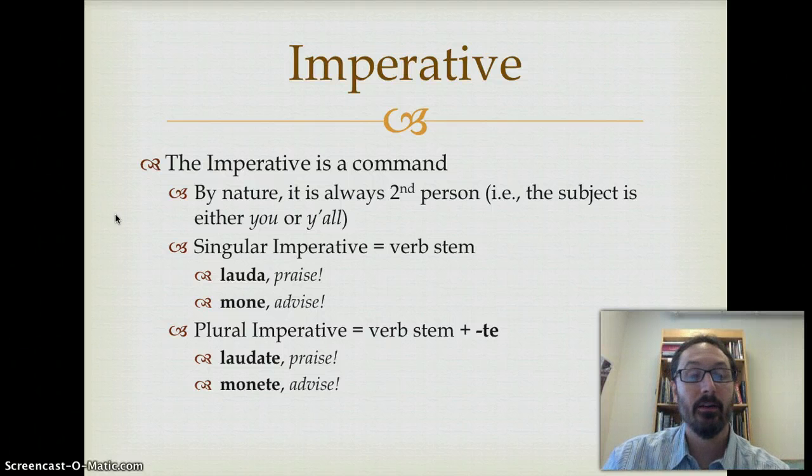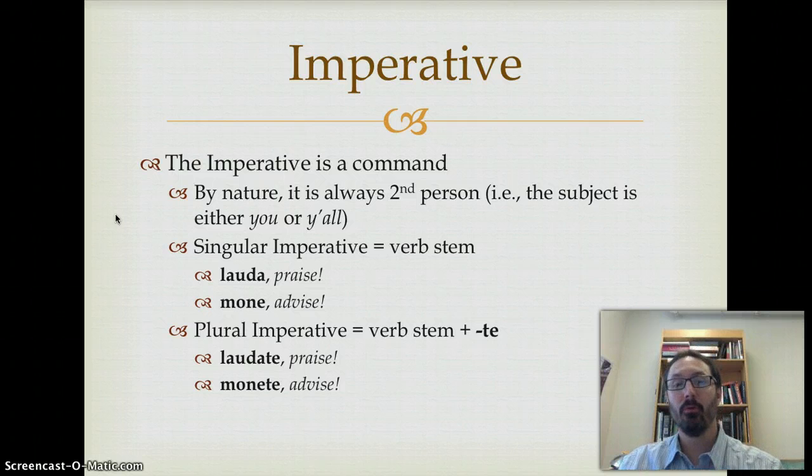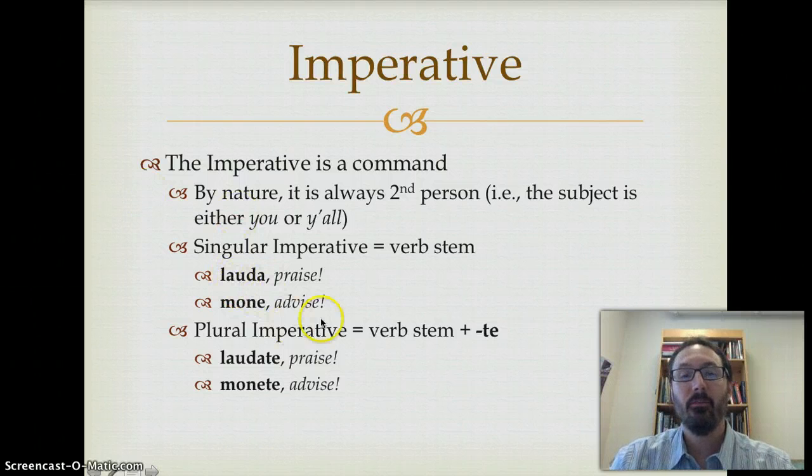The plural imperative, a command you're giving to more than one person, is the same verb stem as the singular imperative, right here, except we're adding the ending te. So lauda means praise if you're commanding one person to do it. Laudate means praise if you're commanding more than one person to do it. Mone and then monete, same way, right? Mone is singular, monete, plural.